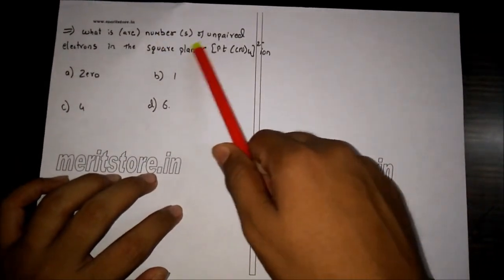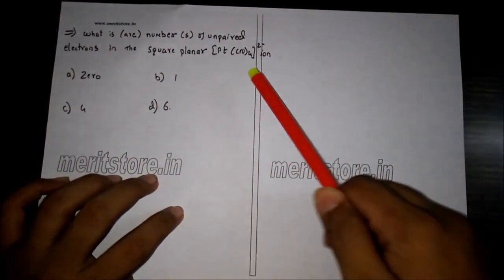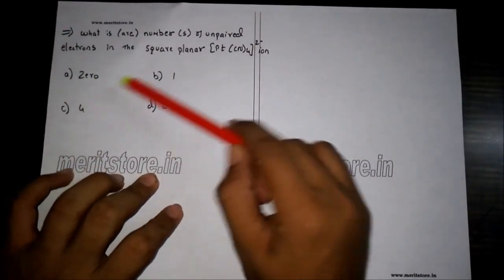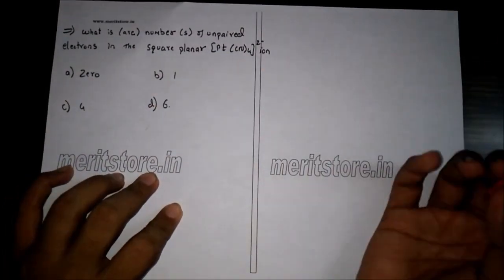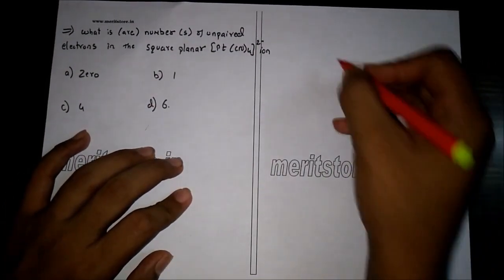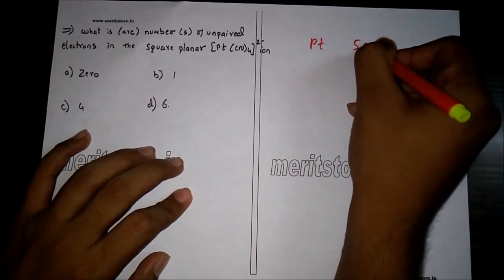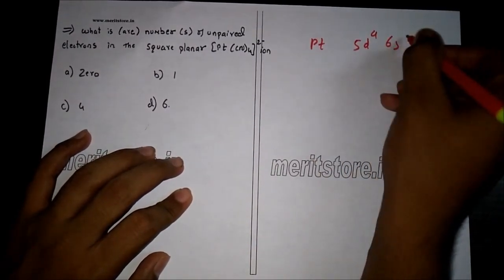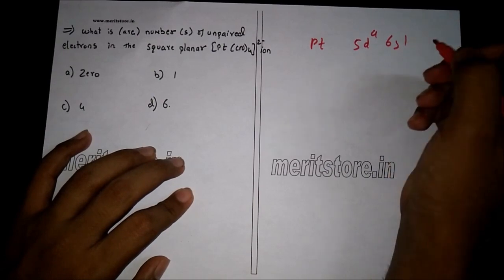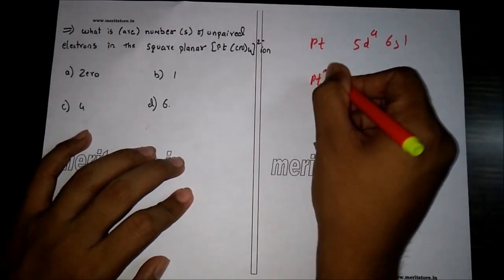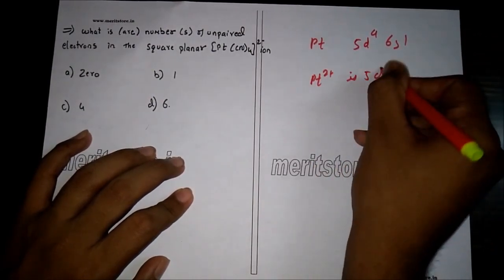What is the number of unpaired electrons in the square planar [Pt(CN)4]2- ion? A) 0, B) 1, C) 4, or D) 6. Now the outer electronic configuration of Pt is 5d9 6s1, and the outer electronic configuration of Pt2+ is 5d8.